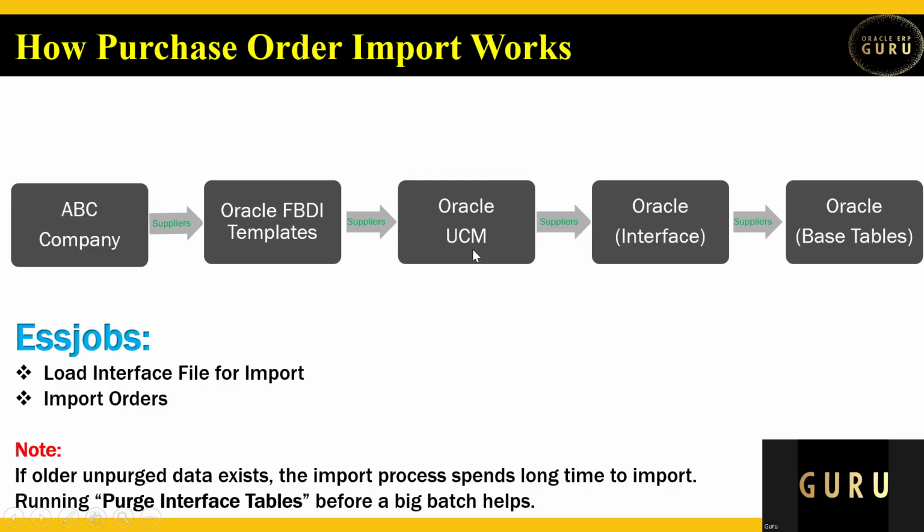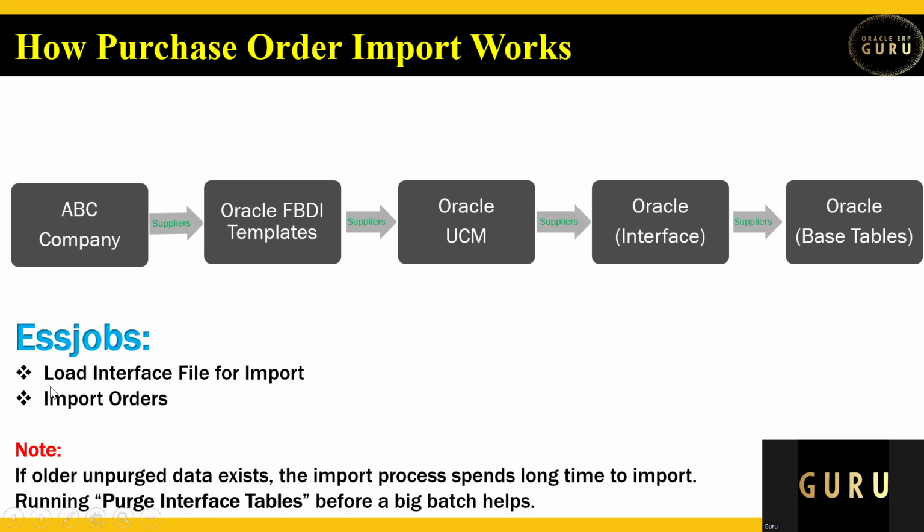As I said in the supplier conversion, any data to enter into Oracle first has to go to the UCM repository. That is the entry gate for any third-party data to enter into Oracle. Then the data goes into the Oracle interface tables for validations, and if all the validations pass successfully, the data will enter into the Oracle base tables.